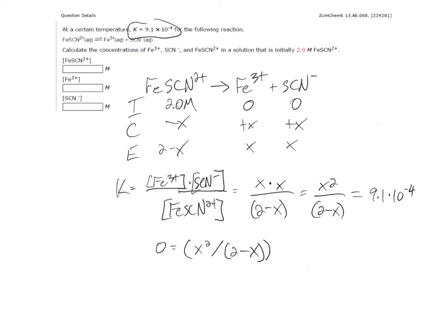And then we're going to close that parentheses and then subtract 9.1 times 10 to the minus 4th. When you go to enter that expression into your calculator, be sure to pay attention to the parentheses, as that will throw off your answer if it's not entered very carefully.